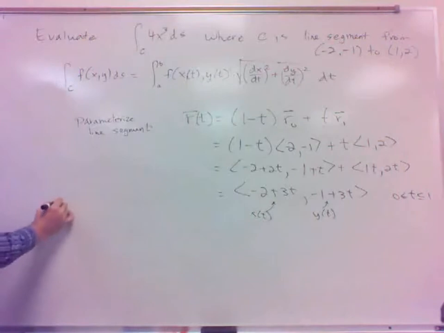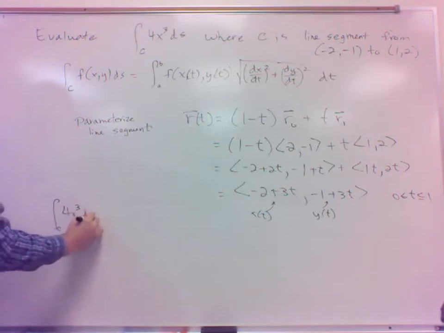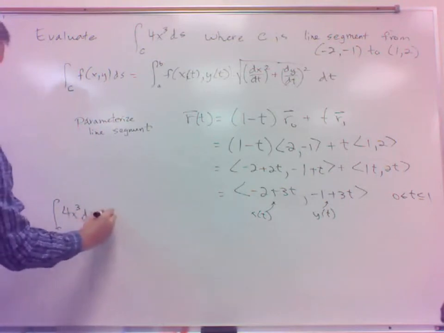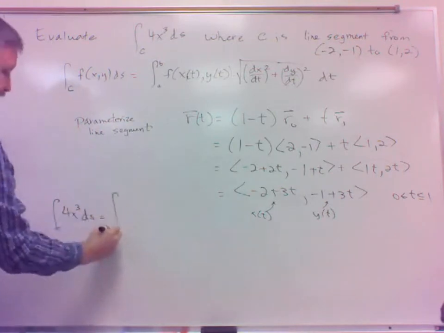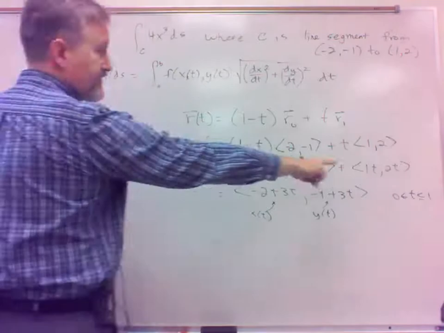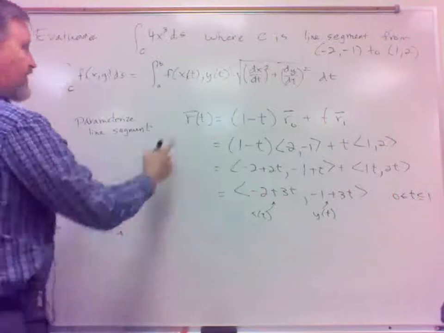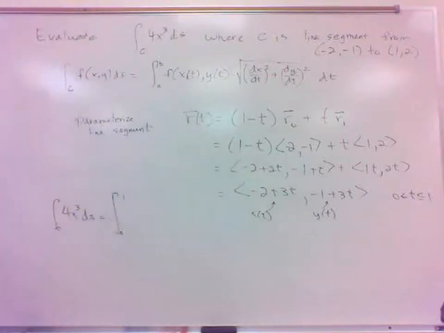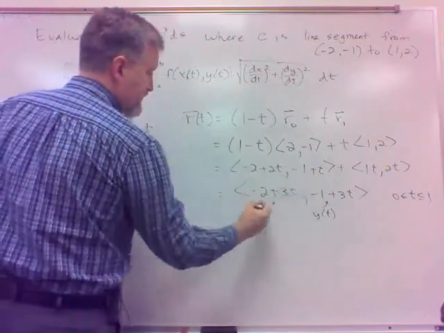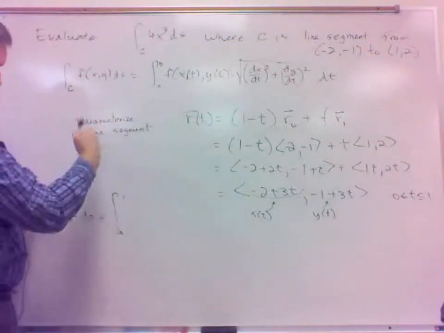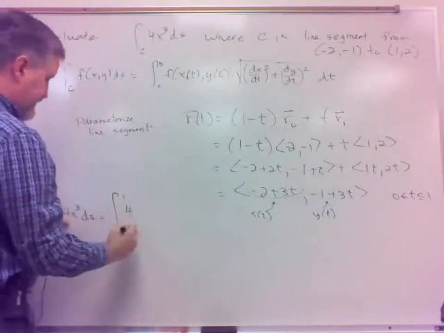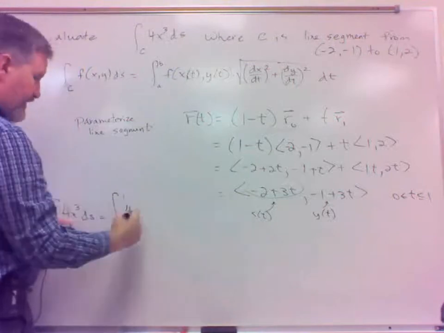All right, so going back to our line integral then. In this case, we've got the integral of x cubed ds. That's going to equal the integral from a to b. Well, we've got our parameter now, 0 to 1. F of x of t, y of t, what would that be? Well, we're going to plug in x of t, which is negative 2 plus 3t, for the x. We don't need the y in this part anyway.